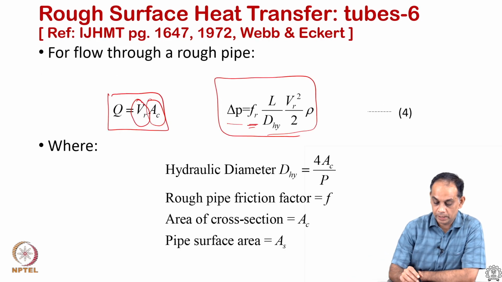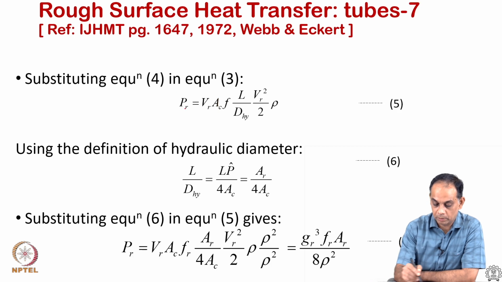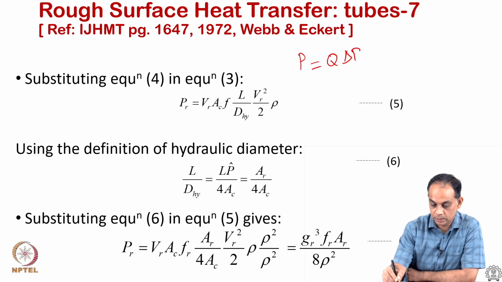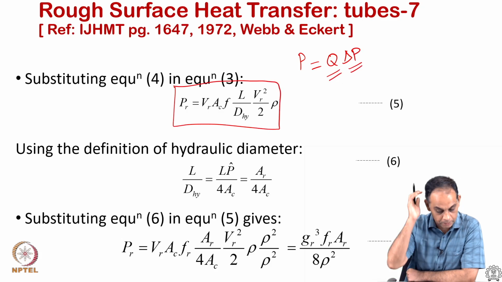Now, we take this friction pressure drop and plug it into the pumping power, which we defined as this. So, we have the expression for delta P, we have the expression for volume flow rate, we plug that in and we get this expression for pumping power. F is the Fanning friction factor.